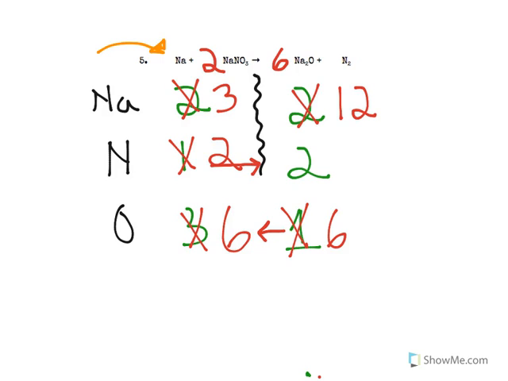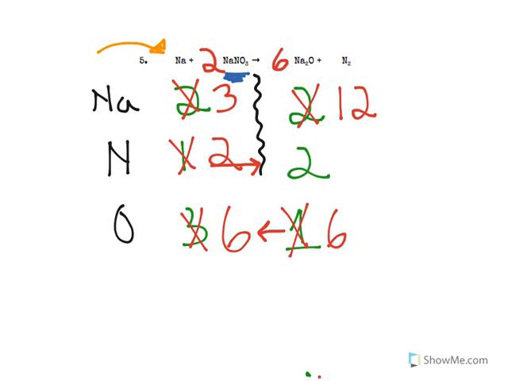Now, I know that the only thing that's left to balance out is sodium. And I probably don't want to mess with this guy because he's got every element in it. And if I start changing the coefficient on that, it's going to change the number of atoms of everything. So what I want to do, I still need to add a number so that there's 12 sodium on the left.